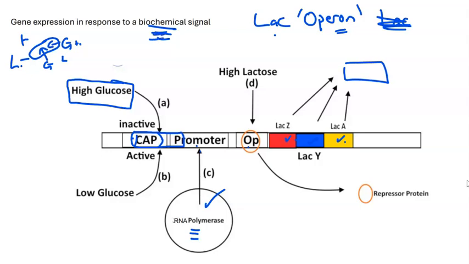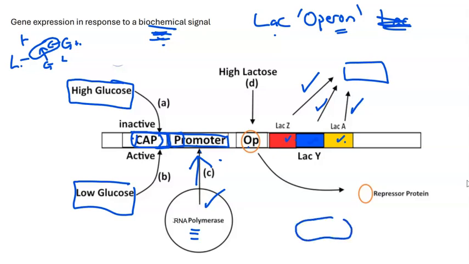That's our biochemical signal. In low glucose level, the CAP is removed and the promoter is free to accept the RNA polymerase. The RNA polymerase will bring about the expression of Z, Y, and A, so let's draw our bacterial cell.